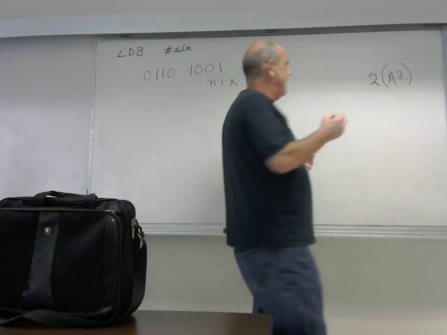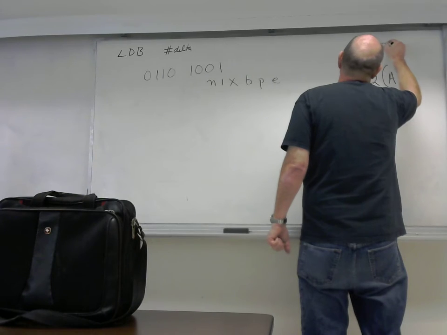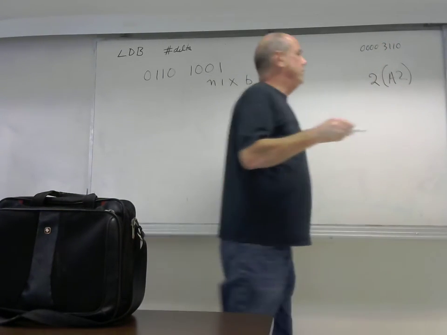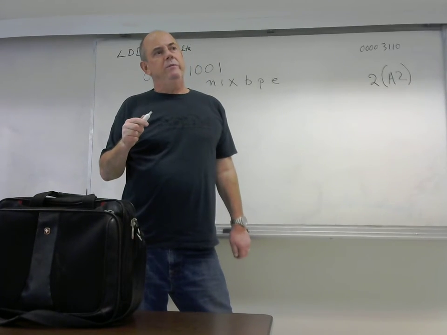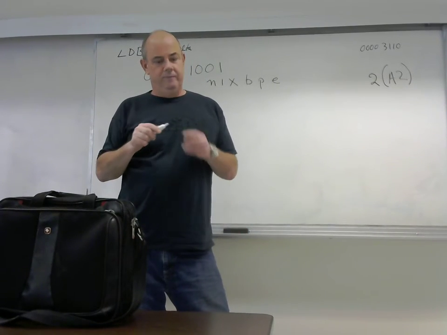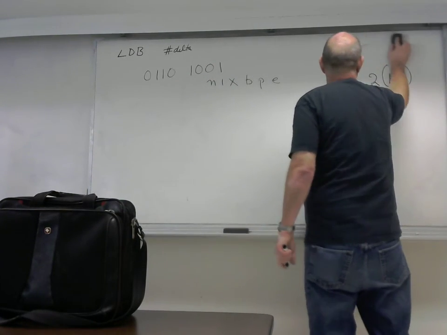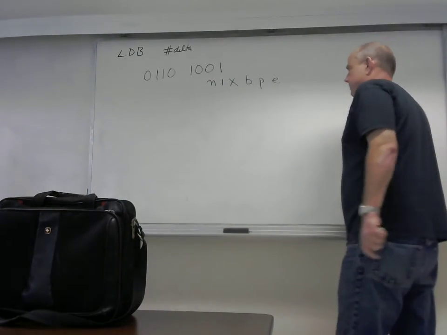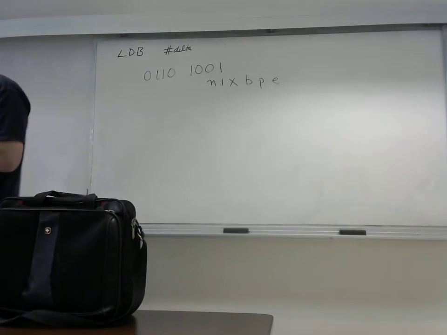So if A2 has an address in it, let's make one up, 3110, then you go to 3112 and read what you find in memory at that location. Same idea with the X here. It's a displacement that adds to the base address. So it's the base address plus X. Well, we don't have that here.